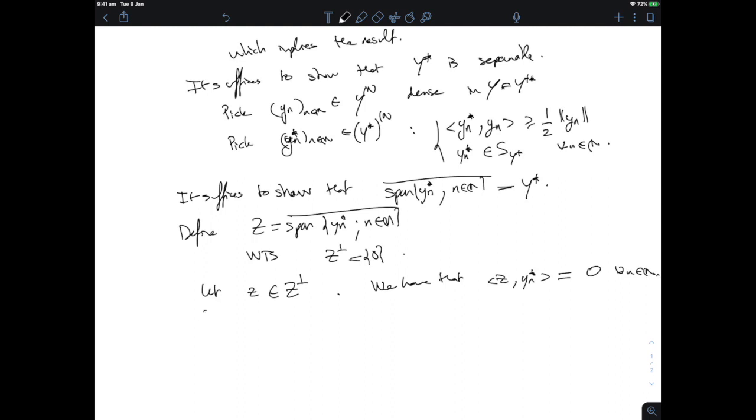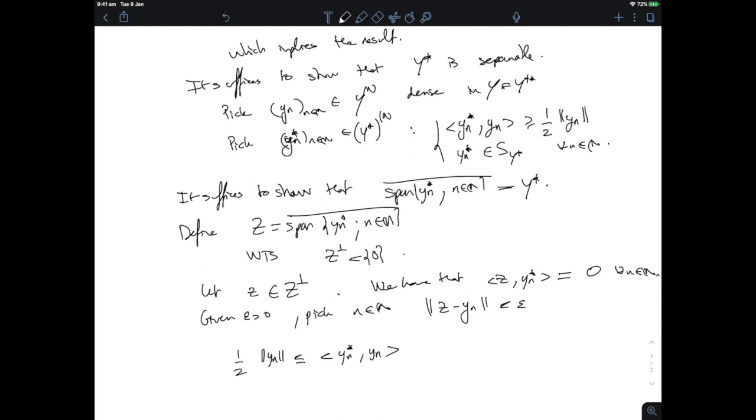Okay, and then given an epsilon, we're going to pick n in N such that the norm of z minus yn, the norm in y, which is also the norm in x, is smaller than epsilon. And then what can I say about the norm of yn? So remember that 1/2 of the norm of yn has to be smaller than yn star applied to yn.